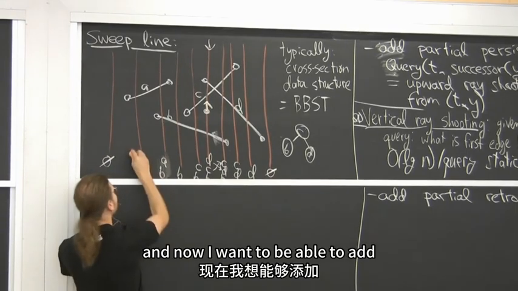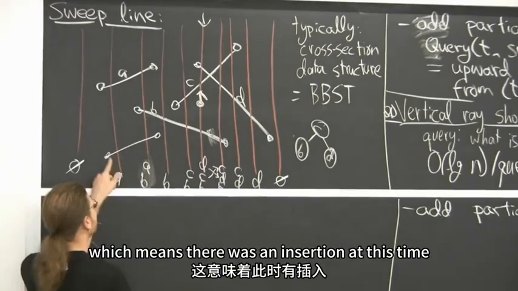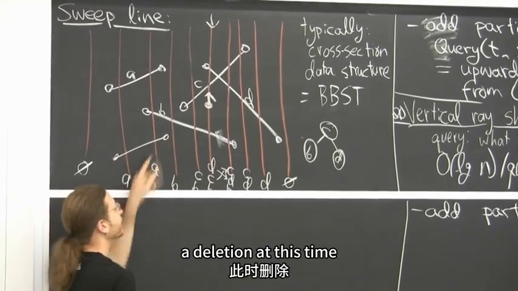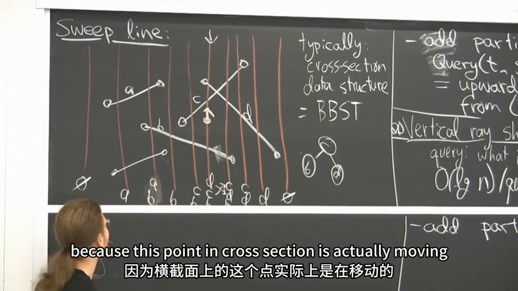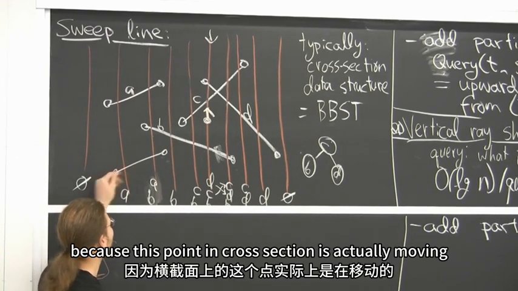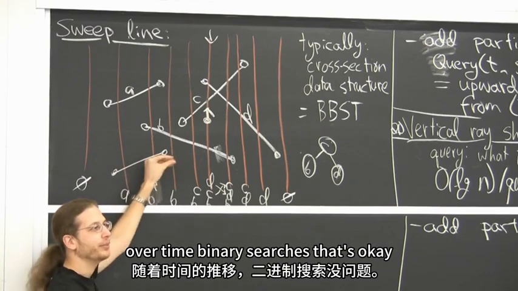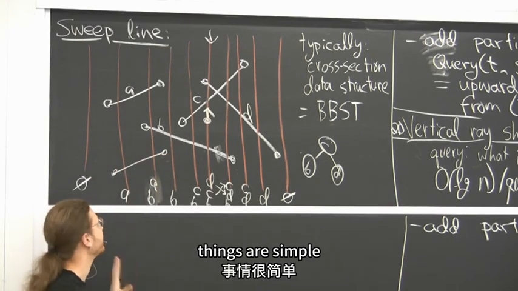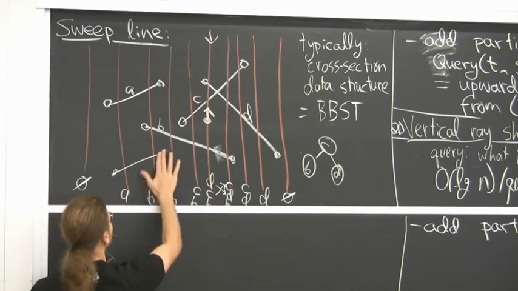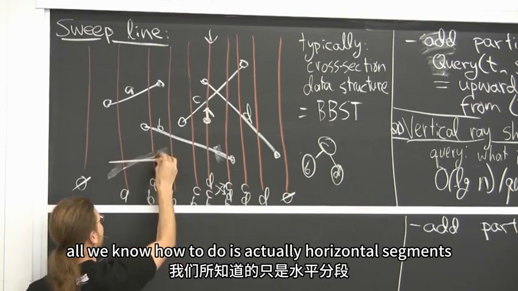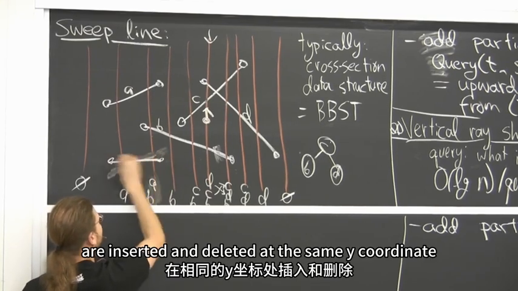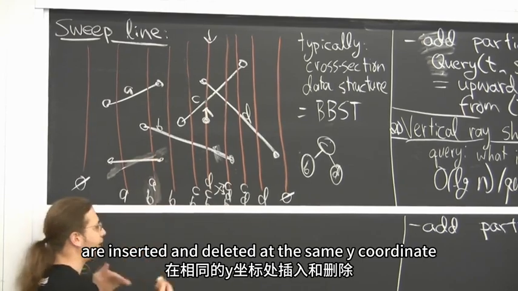And now I want to be able to add a segment like this, which means there was an insertion at this time, a deletion at this time. Now, this doesn't quite work because this point in cross-section is actually moving over time. Binary search trees, that's okay, because things are simple. But at the moment, all we know how to do is actually horizontal segments, which are inserted and deleted at the same y-coordinate.